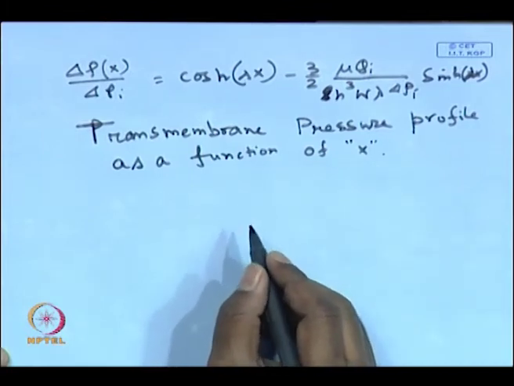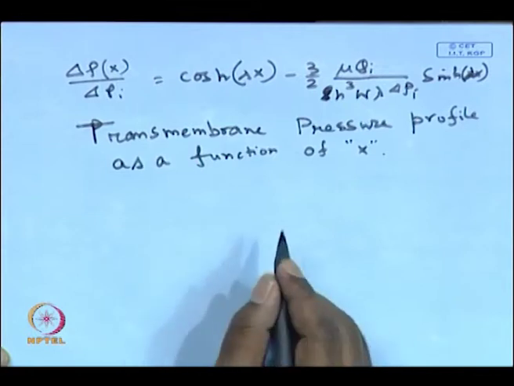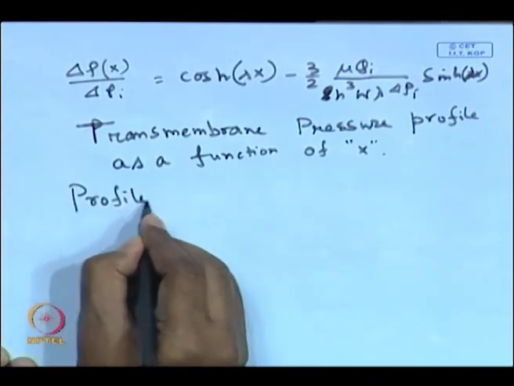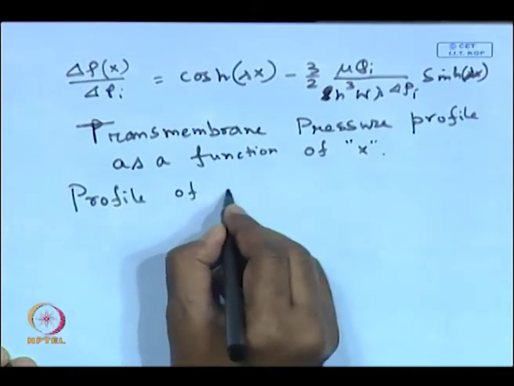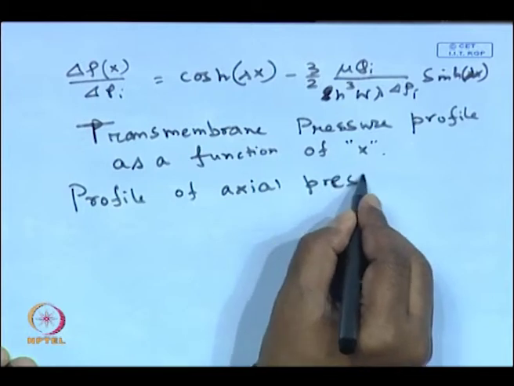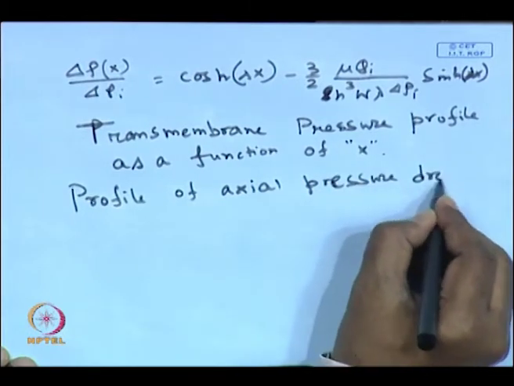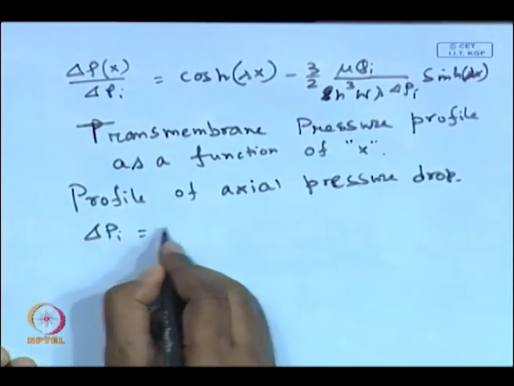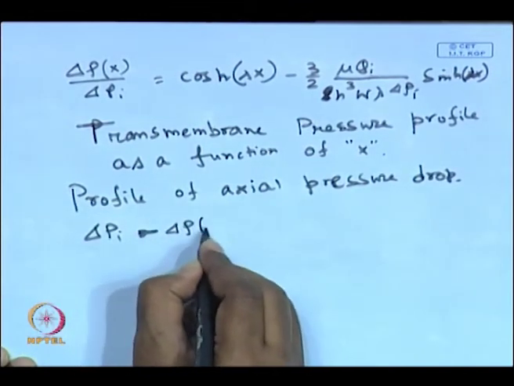Now, this can be translated into the axial pressure drop. So, the profile of axial pressure drop becomes delta pi minus delta px.